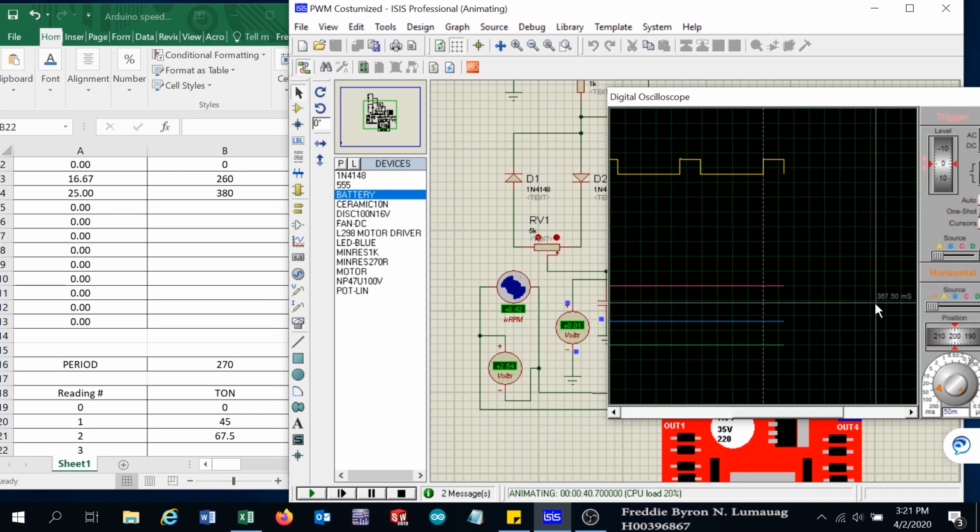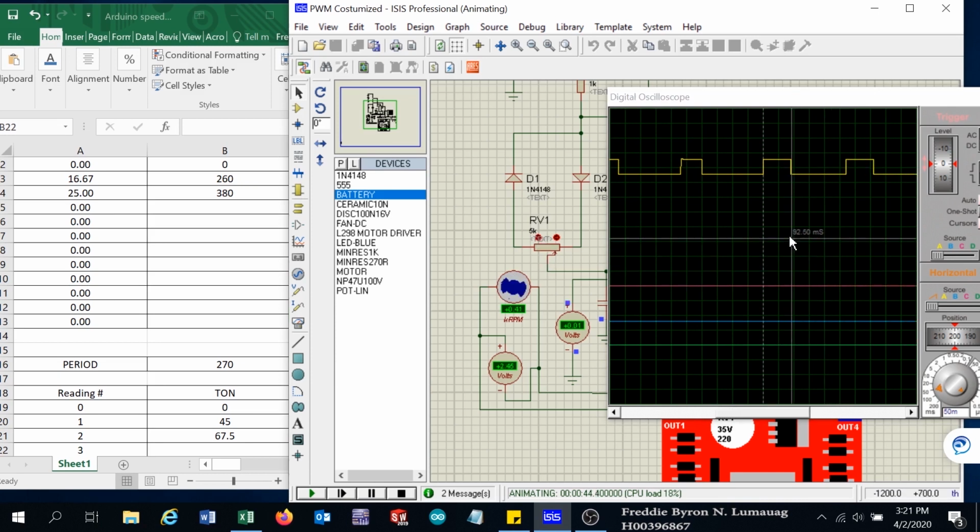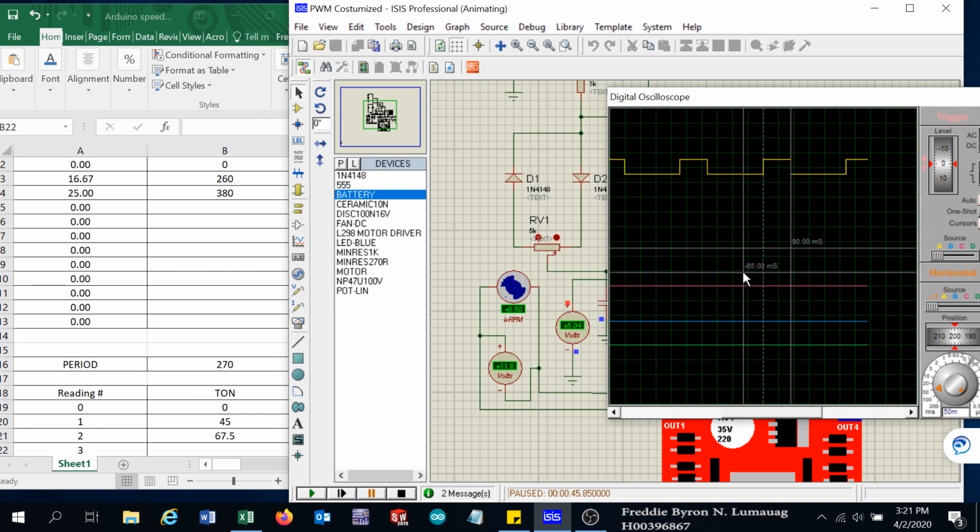For the next one, I will increase it here, and click pause. The time is approximately 90 milliseconds.